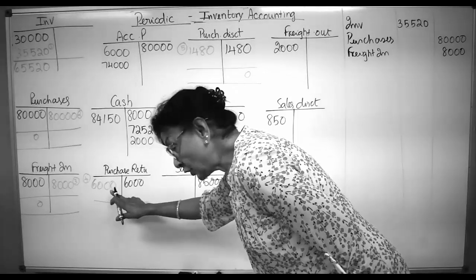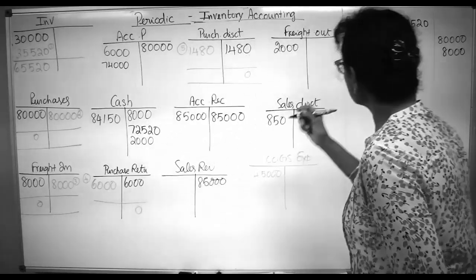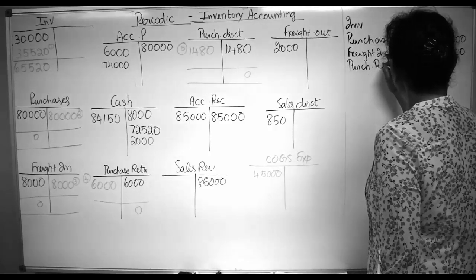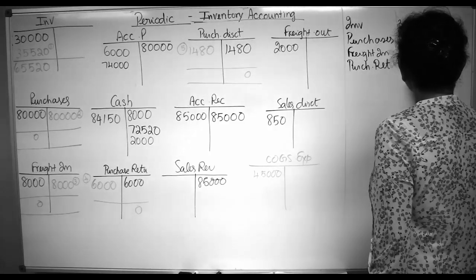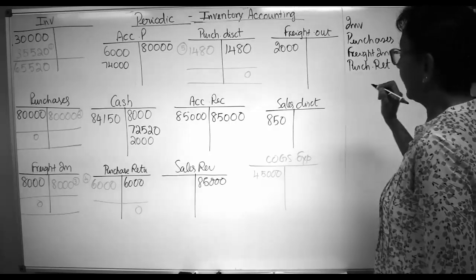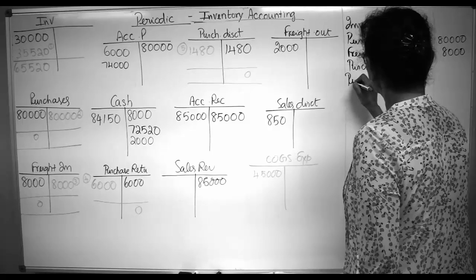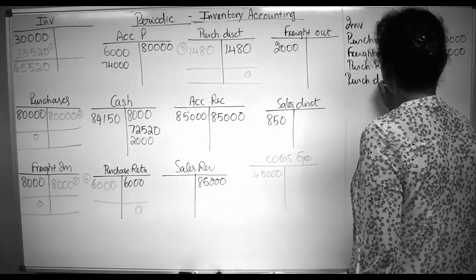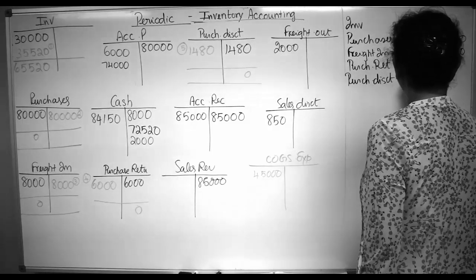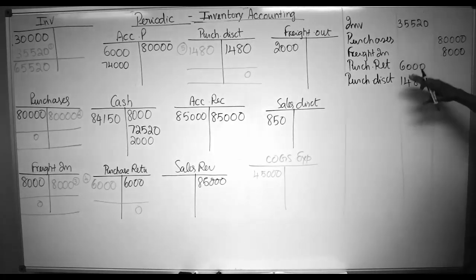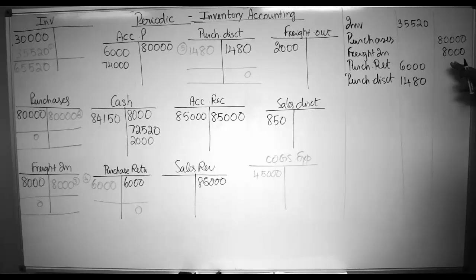Next one, we debited purchase returns for $6,000. And then we debited the purchase discount for $1,480. So now you see, these are the debit amounts and these are the credit amounts.